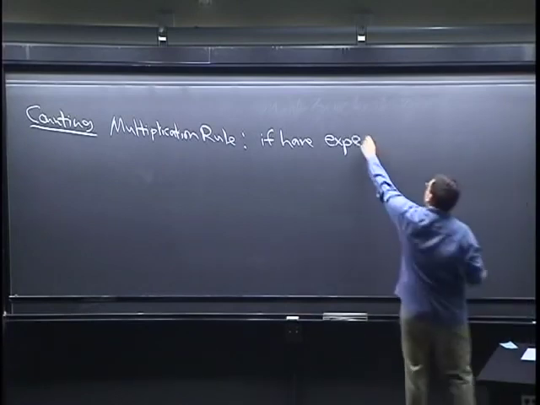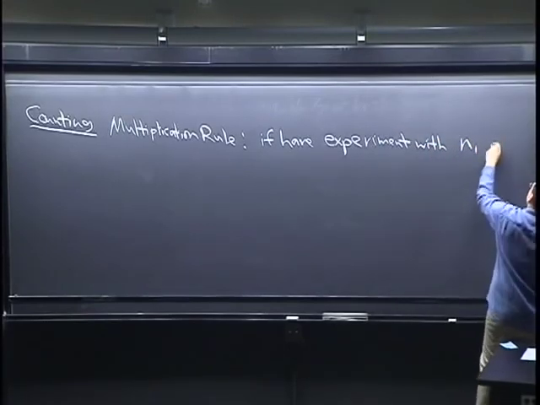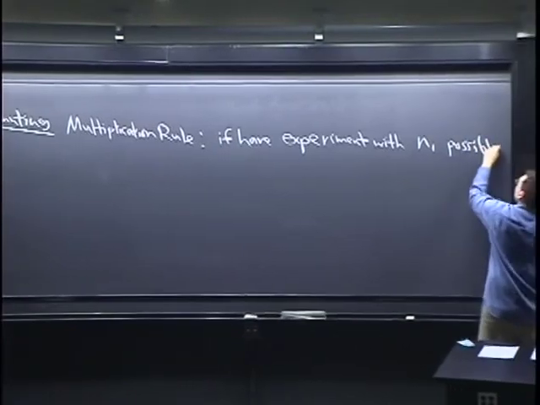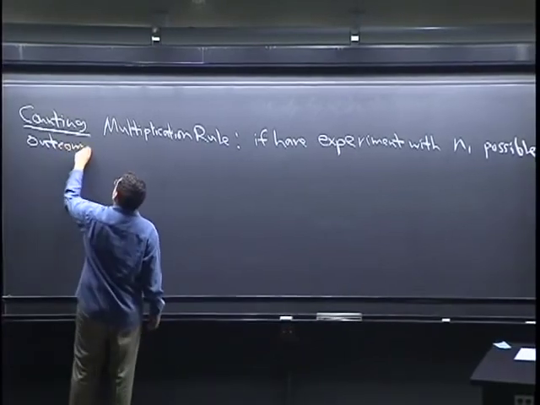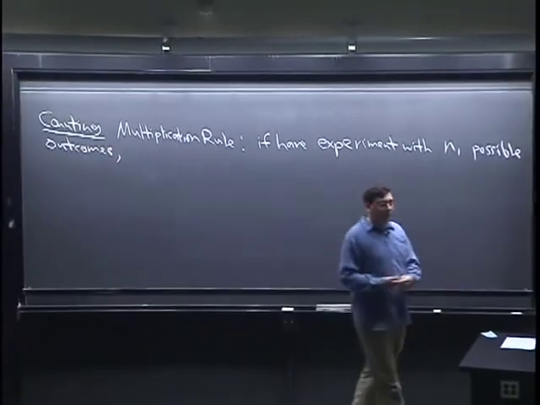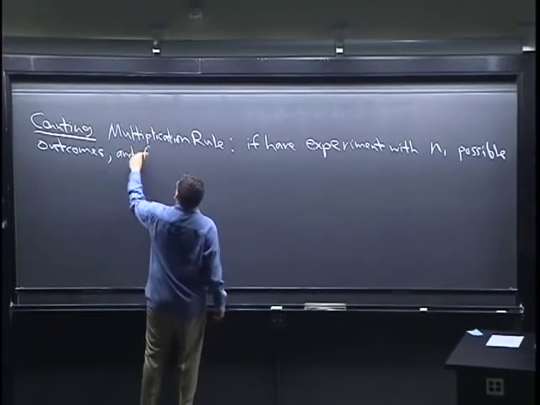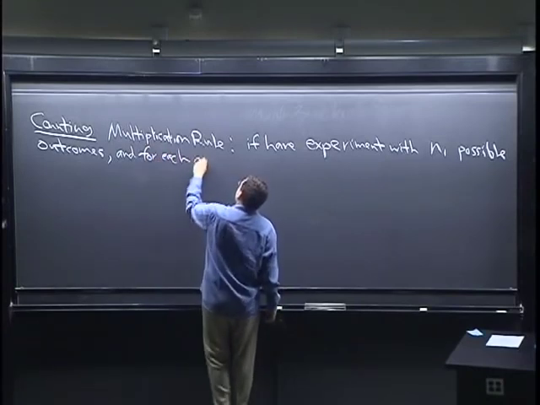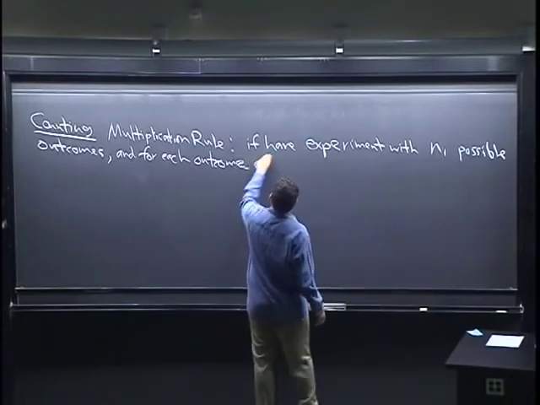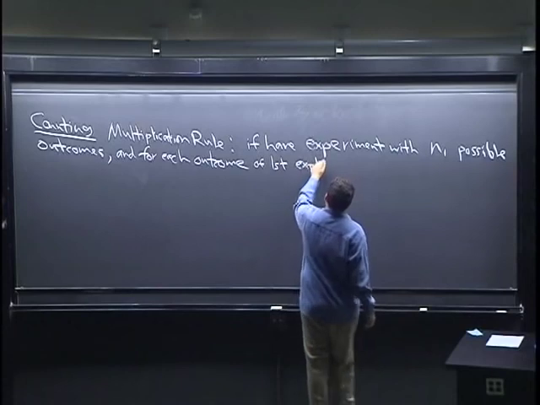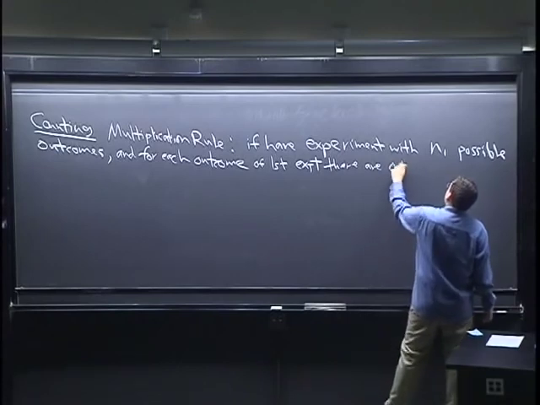So if we have an experiment with, let's say, n1 possible outcomes, and then we do a second experiment such that for each outcome of the first experiment, there are n2 possible outcomes for the second experiment. I'll abbreviate experiment to EXPT.